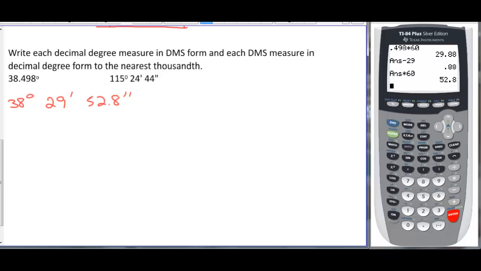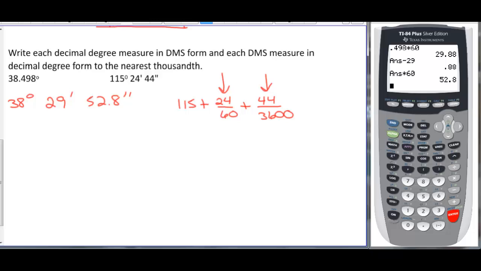When we go the other way with it, we will have 115 plus 24 over 60, and then plus 44 over 3,600. We're trying to get everybody to degrees. Well, there's 60 minutes in a degree, and there's 3,600 seconds in a degree, just like there's 3,600 seconds in an hour.